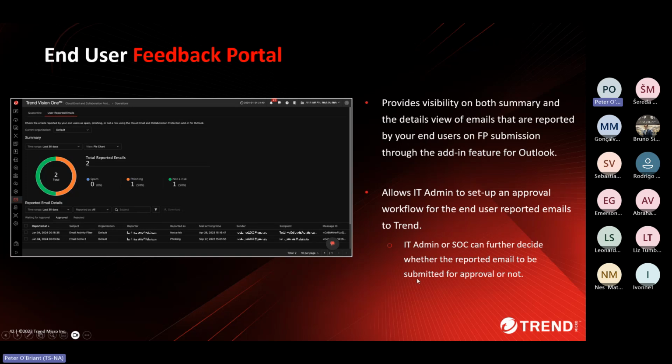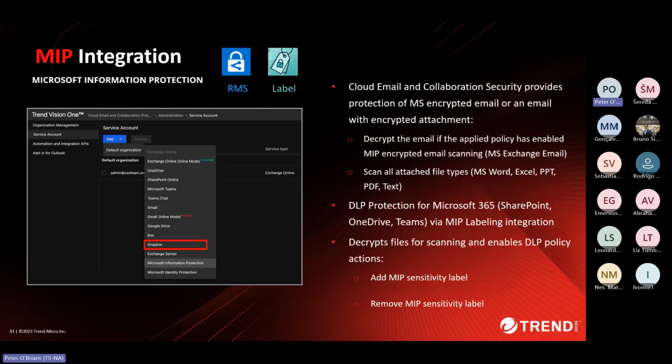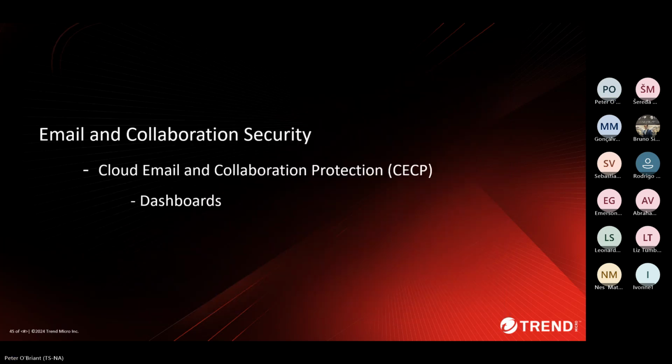That way, you can decide whether that email should be submitted for approval or not. I'll show that here. And it also has, it says, the Microsoft Information Protection integration. Saw that, so looks like a redundant slide.